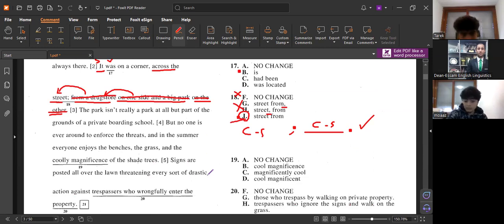How about 19? For 19, I had a bit of a problem with it, but I put C. 19C, no, try again.